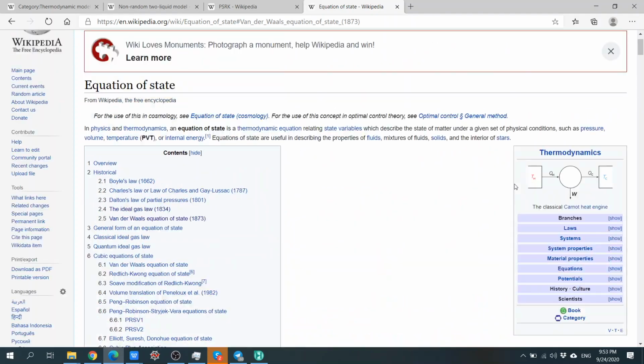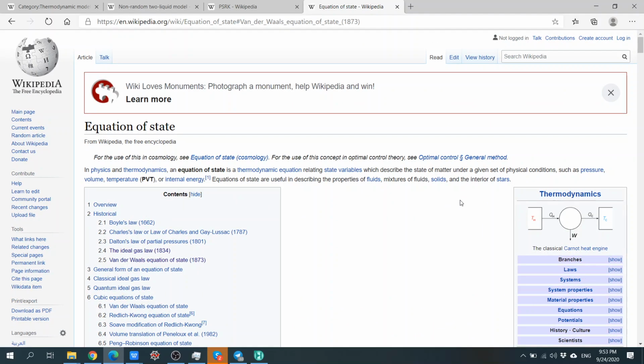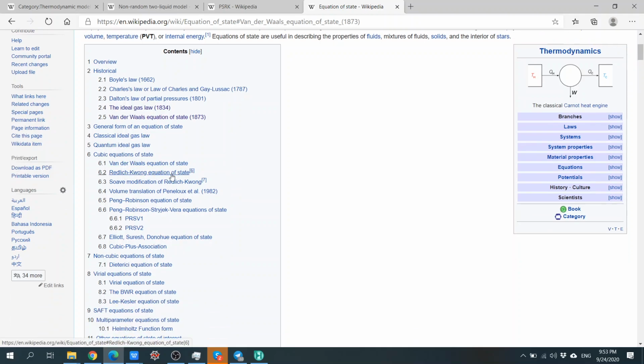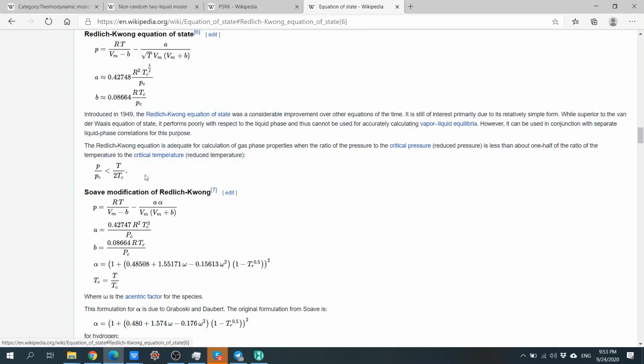And then new data came in, because this was in the 19th century, and they saw that this equation of state doesn't fit the new data anymore. So they developed this further with the Redlich-Kwong equation of state.